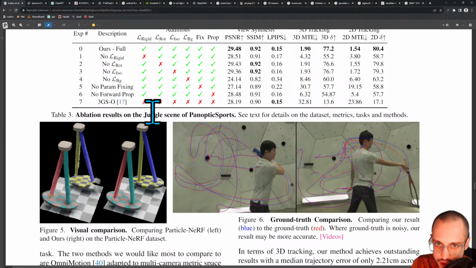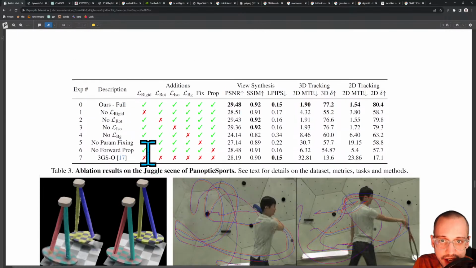Ablation results on the juggle scene of panoptic sports, comparing particle nerve on the left and R's on the right. What are we looking at here? Oh, particle nerve dataset. Okay, so this is a synthetic dataset that they used, I guess, in the particle nerve paper, and you can see just how much cleaner the representation is here.